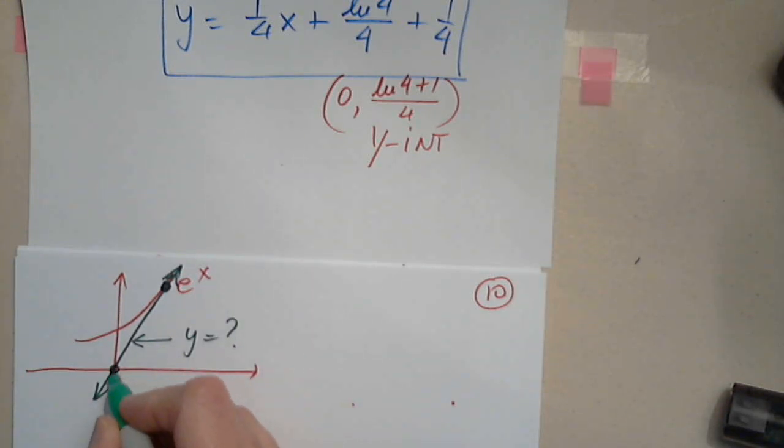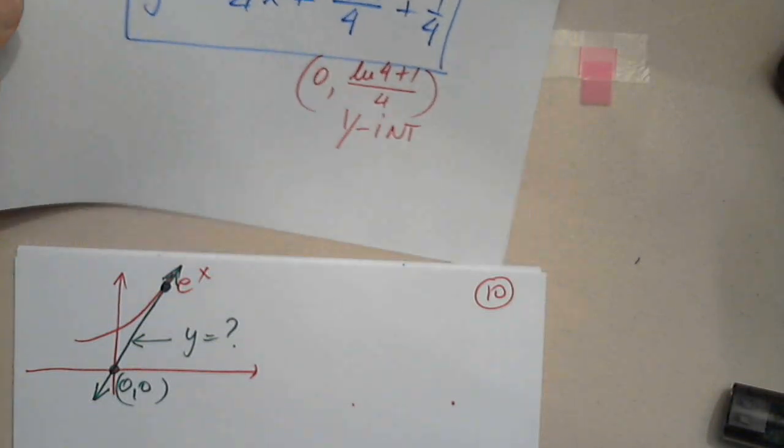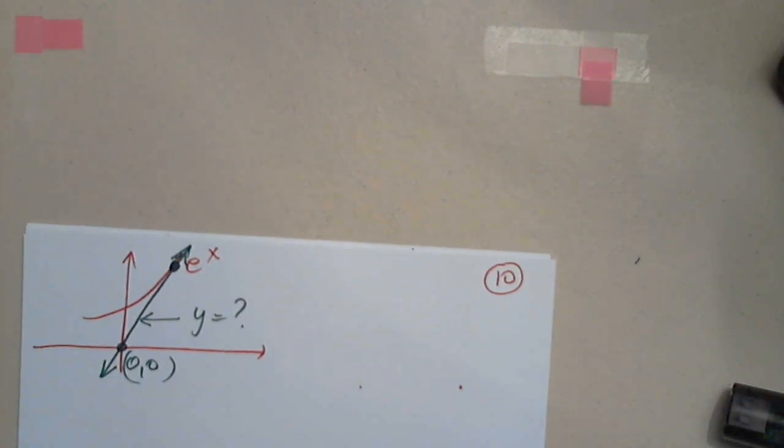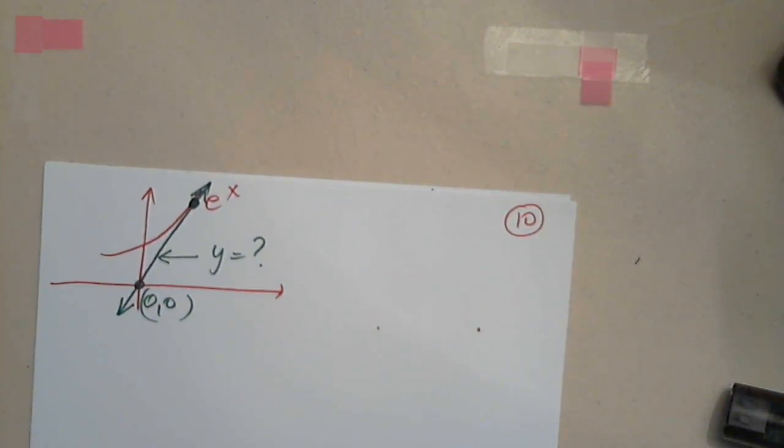And it passes through the 0, comma 0. Okay. So how do we proceed? Any suggestions on this? Any suggestions?